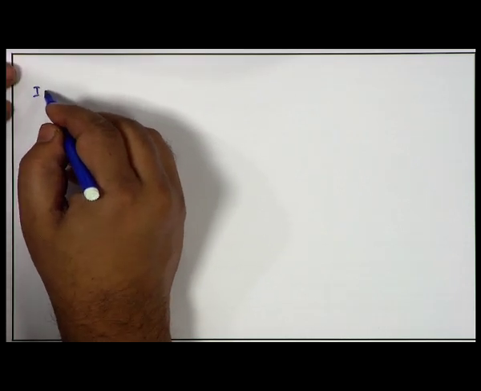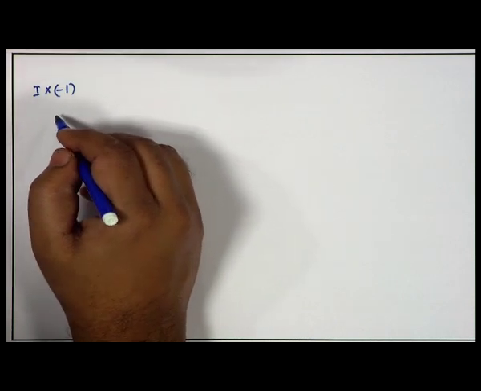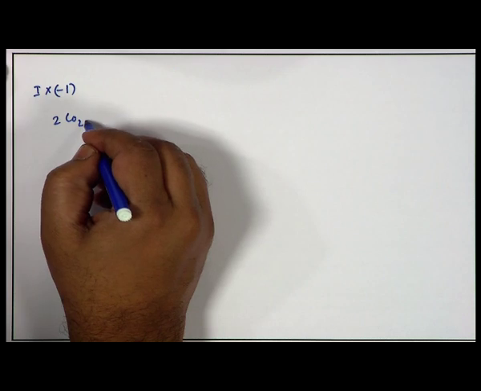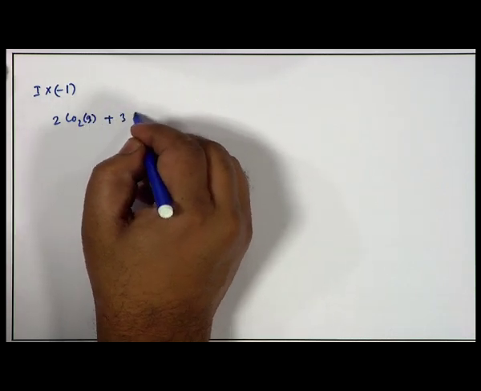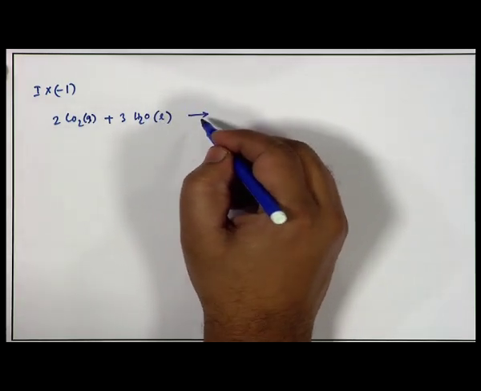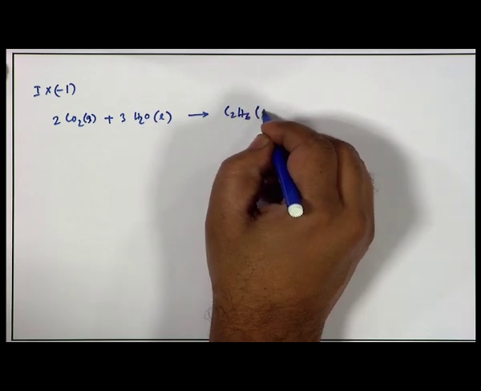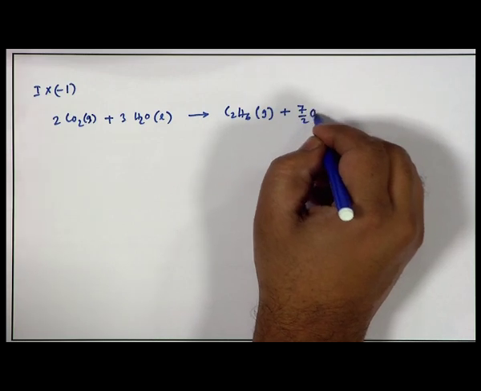reaction 1 multiplied by -1, because I have to reverse it, which will give us 2 CO2 gas plus 3 H2O liquid going to C2H6 gas plus 7/2 O2 gas.